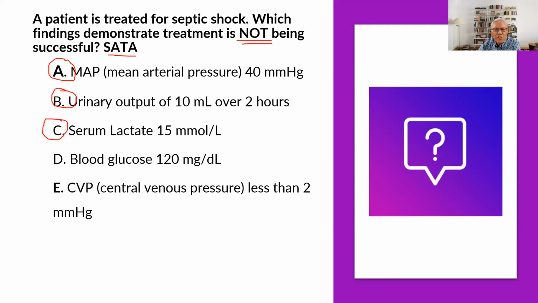So this occurs in septic shock because of hypovolemia. And why is there hypovolemia in septic shock? Well, because of increased permeability, wherein the fluid shifts from the intravascular to the interstitial space. So this is correct. Let me just explain that a little bit.